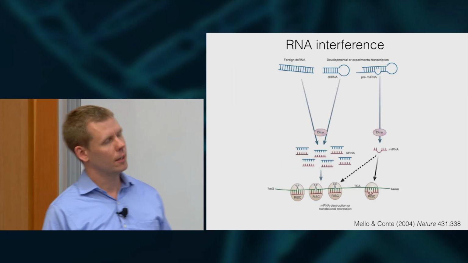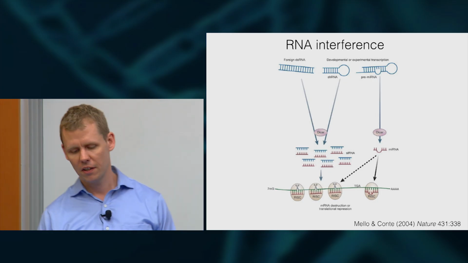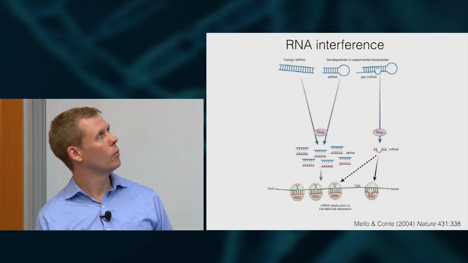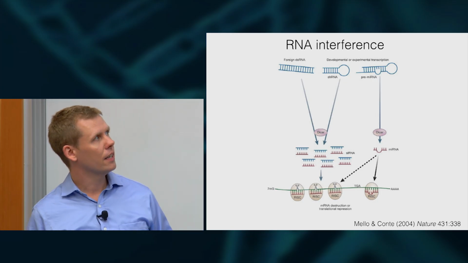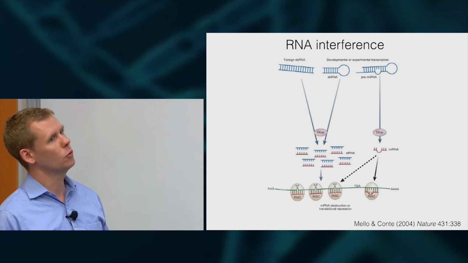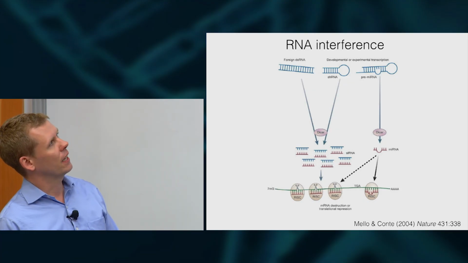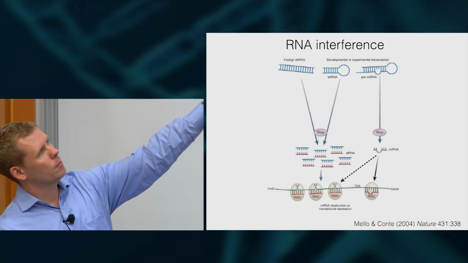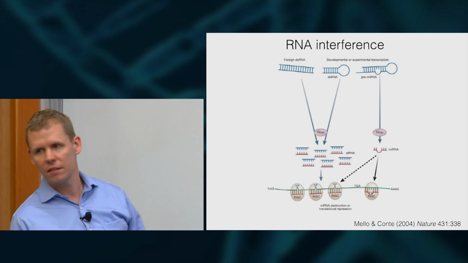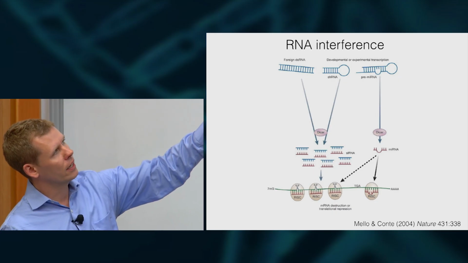The other method that clearly has been used a lot to manipulate gene functions in human cells, again in the pre-CRISPR era, was RNA interference. And RNA interference relies on an endogenous system that is used for host defense and also gene regulation, whereby basically double-stranded RNA molecules are processed by an endogenous enzyme called Dicer to form short interfering RNAs.